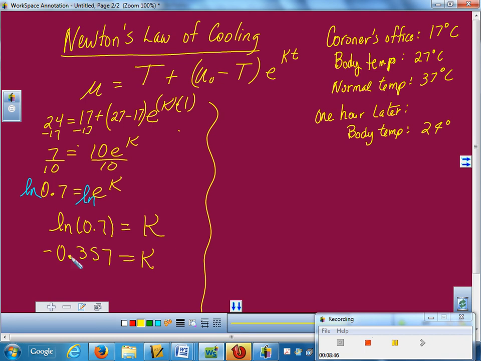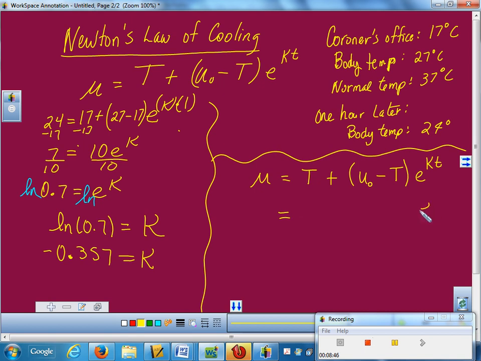But we have to solve for time this time because we want to know how long he has been dead. So let me write it again. We're solving for little t this time. We know k. K is our negative 0.357.